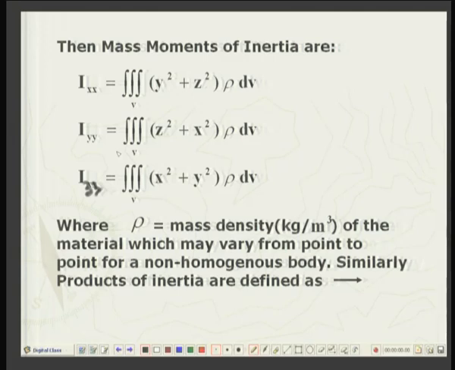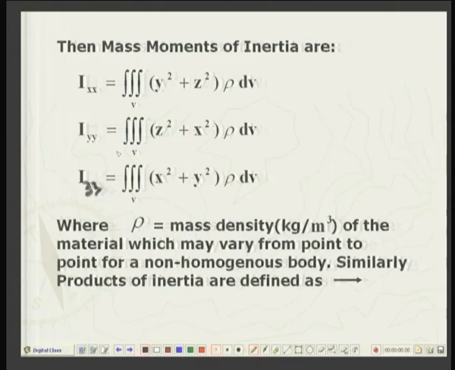So, mind you, the quantity rho can be a variable quantity. It need not be uniform, that is, rho can itself be a function of x, y, z if the body is non-homogeneous. Let us say the body consists of a mixture of several types of materials, copper and steel, or soil and water, or something like that.